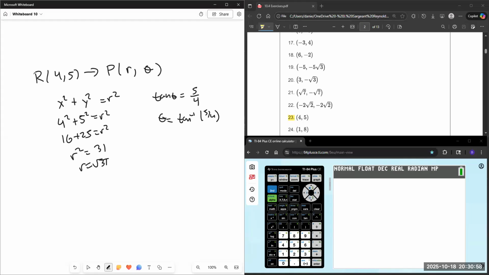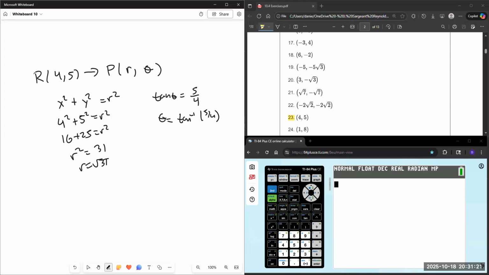Sometimes I need to add pi to my angle if I'm in a quadrant other than where arctan returns its values. Remember that it returns negative angles for quadrant 4.